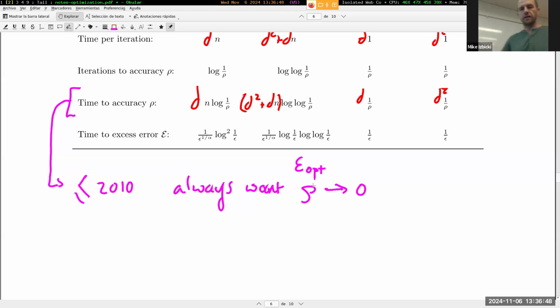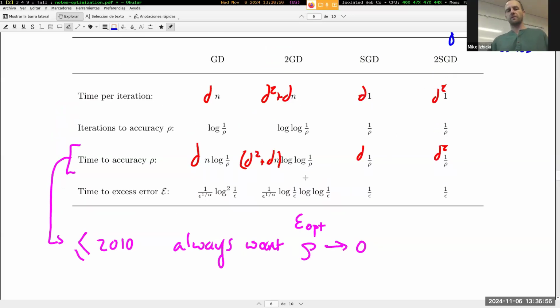And in that case, neither SGD nor 2SGD makes sense. If we're trying to make our optimization error, our rho, go down to 0, which seems like a very reasonable thing to want to do, then gradient descent and second order gradient descent are guaranteed to be faster.